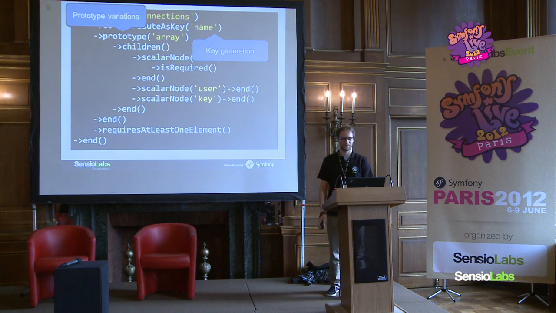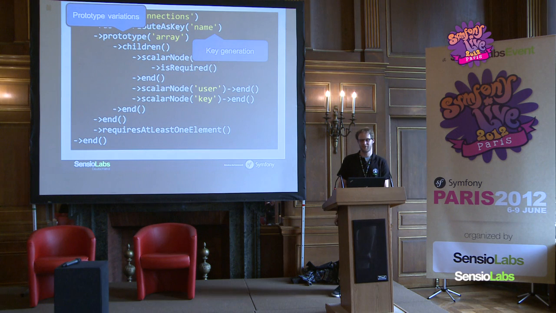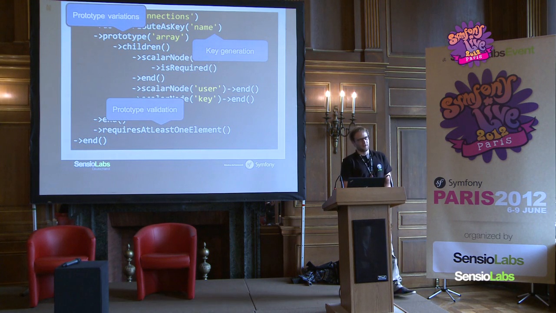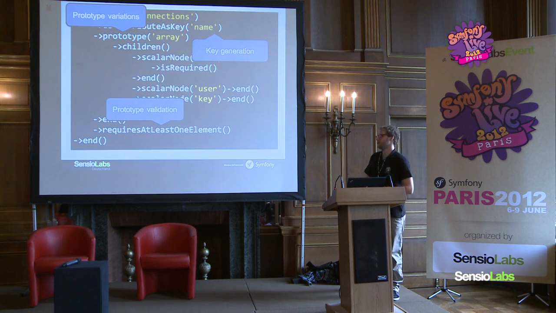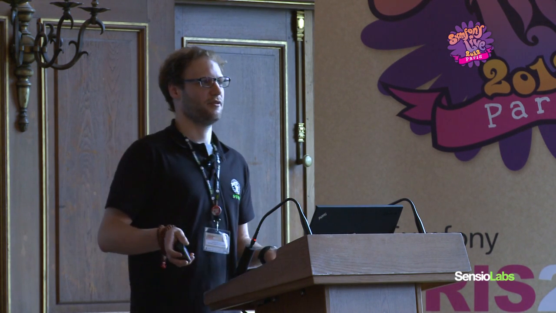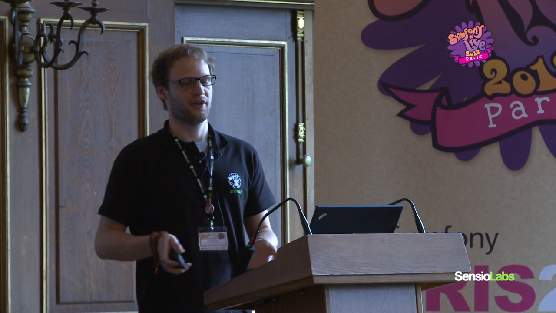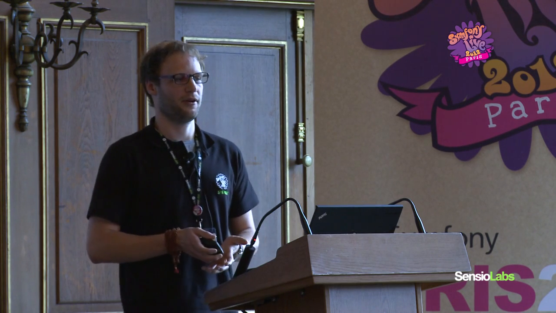OK, but enough with honesty. You can also do validation on prototypes. Prototypes have their own validations. So if you want to, for example, for connection types, force people to configure at least one connection, you can use this, require at least one element. So you're going to get an error if you don't provide a connection for this.